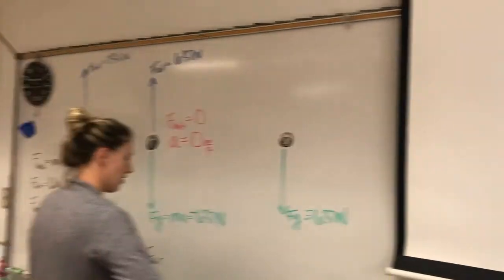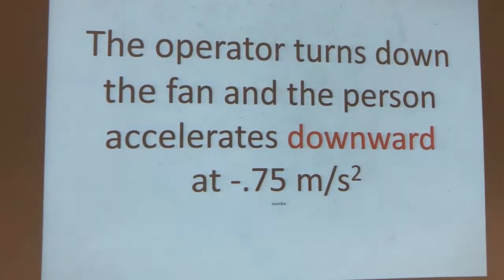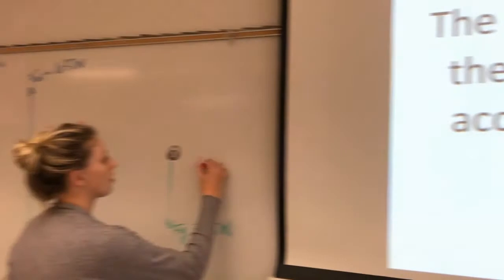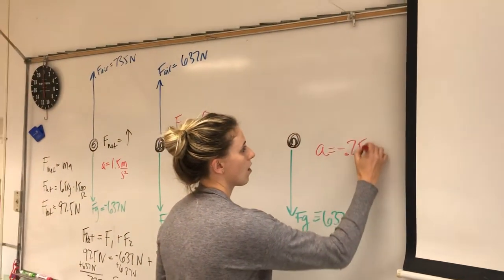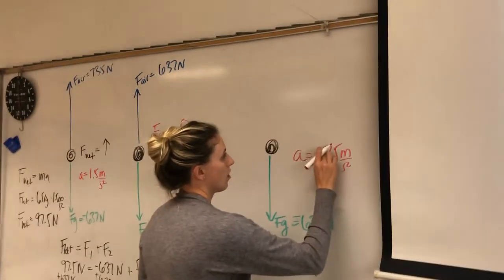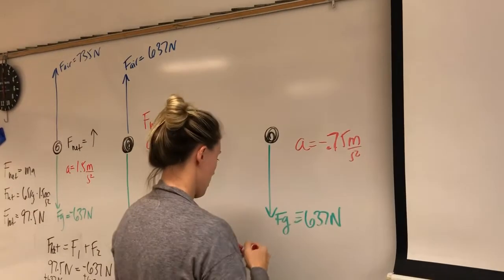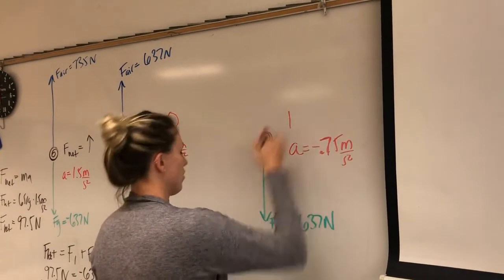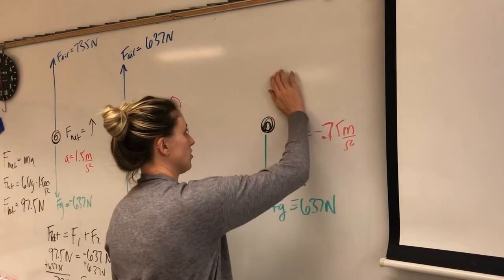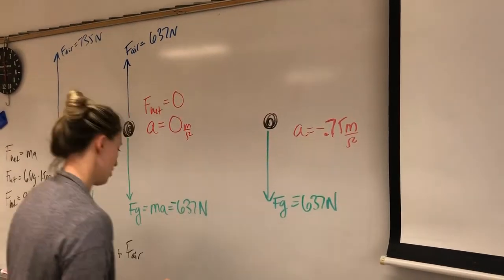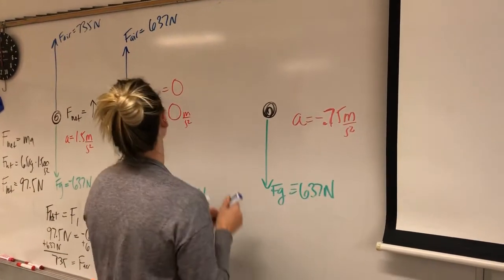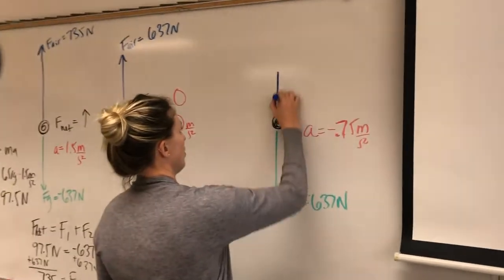And then my acceleration is down at negative 0.75 meters per second squared. So is that arrow up going to be longer, shorter, or the same length as the force of gravity? Well, I know my net force is going to be down, which means that my top arrow is going to be shorter now.